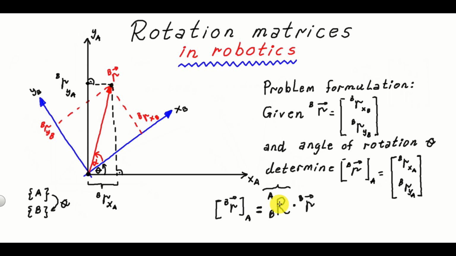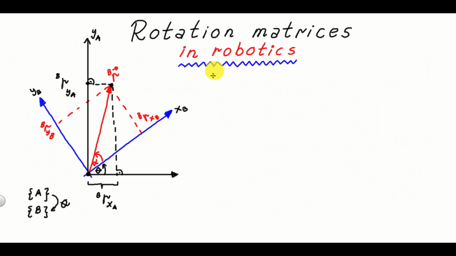This rotation matrix will depend on sines and cosines of this angle theta. Furthermore, this notation over here, BA, means that we are actually transforming the coordinate system B into the coordinate system A.